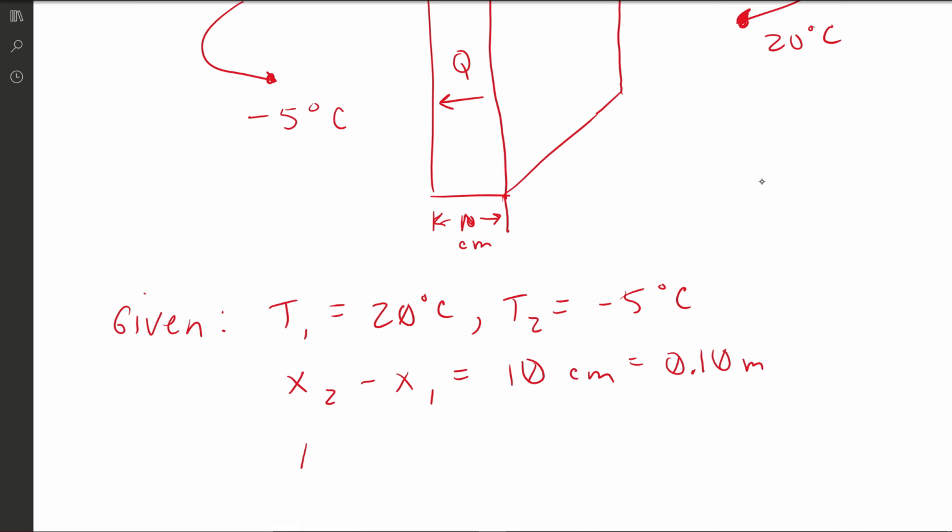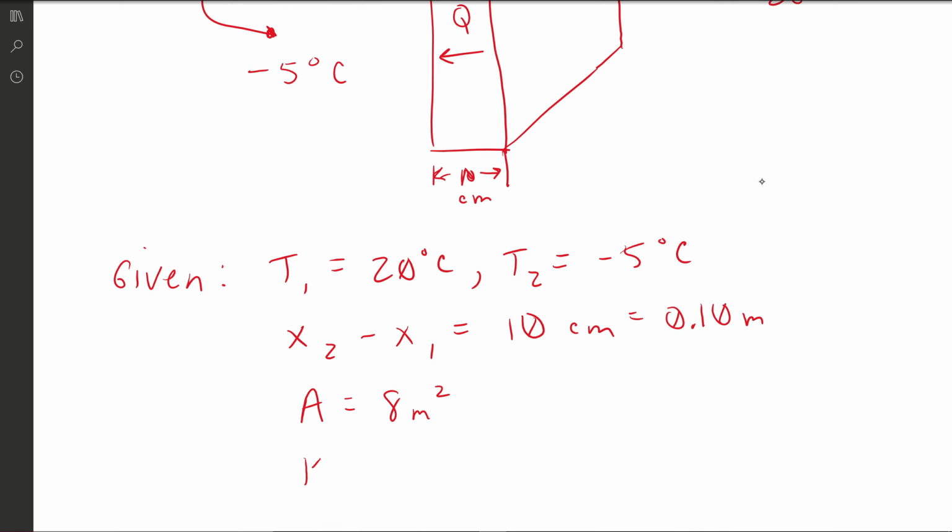All right, and then the area is 8 meters squared. And then we have our K is 0.70 watts per meter times degrees Celsius.